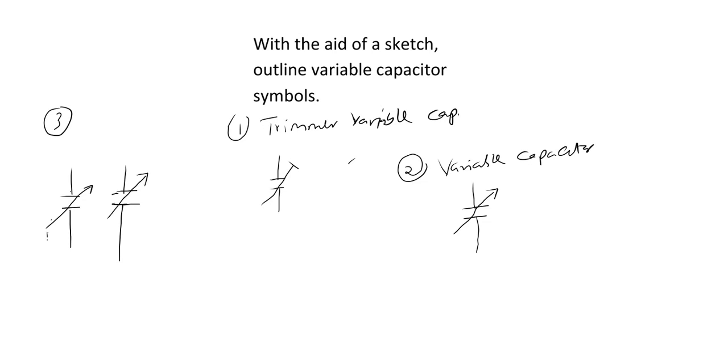Then after that, we join the two arrows like that, and this kind of a variable capacitor is called a variable ganged capacitor. Ganged capacitor. So those are the symbols that we use to represent a variable capacitor.